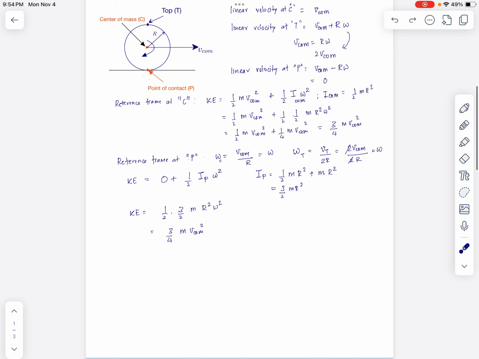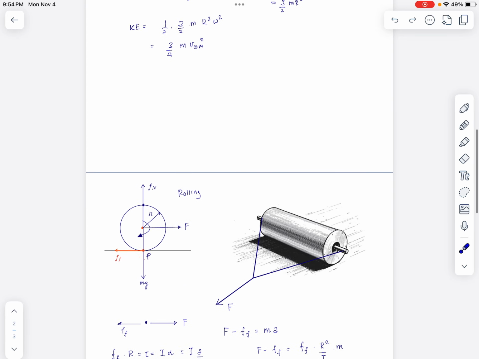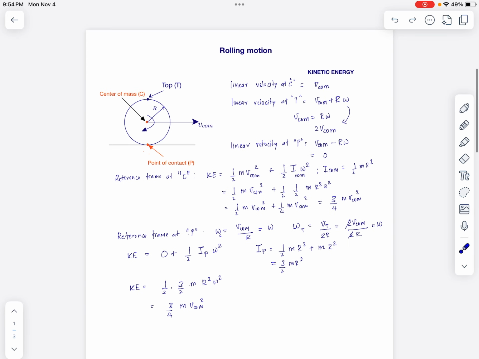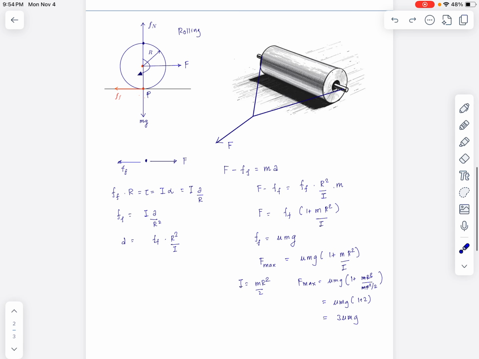Before that we looked into finding the kinetic energy, and assuring ourselves that the kinetic energy is independent of the frame of reference. I hope the two problems together give us a flavor for rolling motion and rotational dynamics.